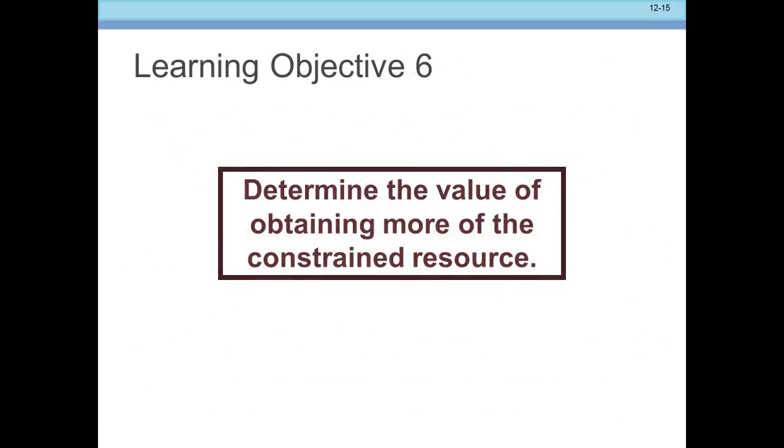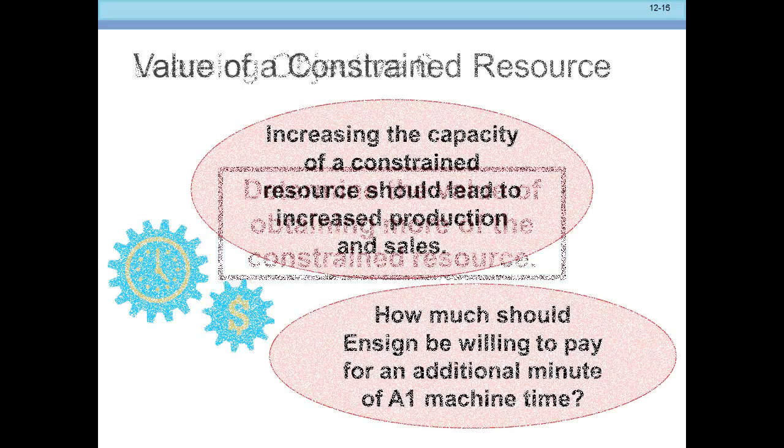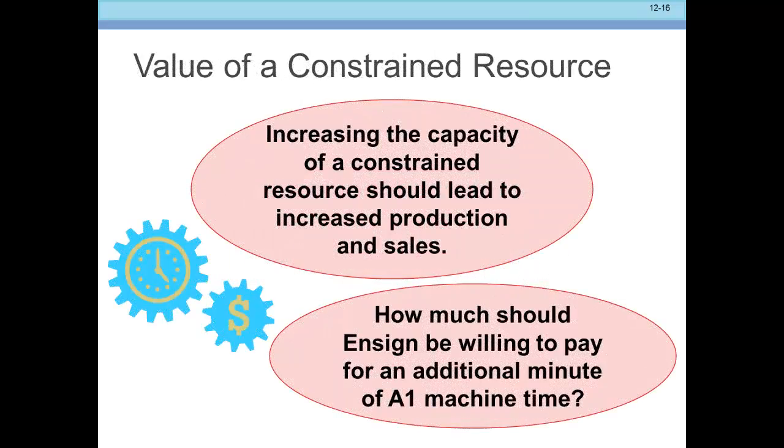Next up, let's determine the value of obtaining more of the constrained resource. If increasing the capacity of the constrained resource can lead to increased production and sales, how much should we be willing to pay for that additional resource?